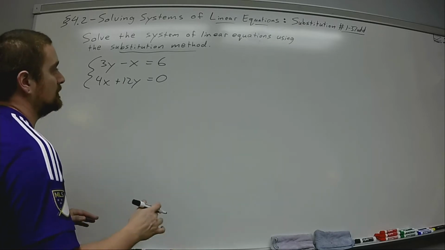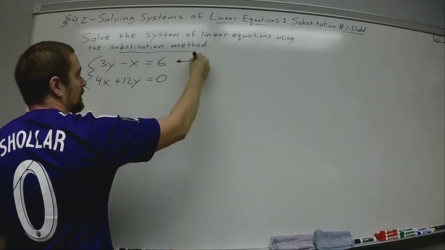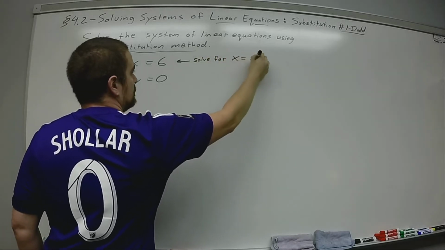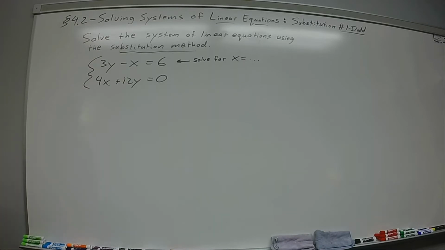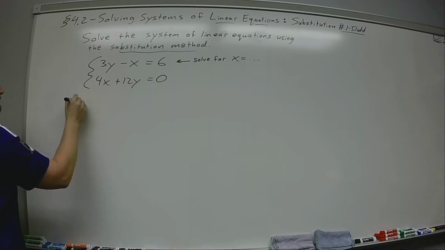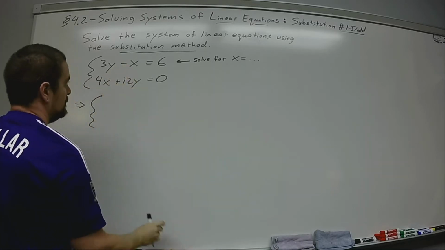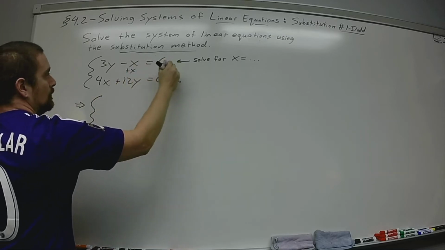I am going to make the choice that in the first one, I want to solve for x equals everything else. So the way I'm going to do that is I'm going to take this first equation and I'm going to add x to both sides so that I can get the x over on the right-hand side here.